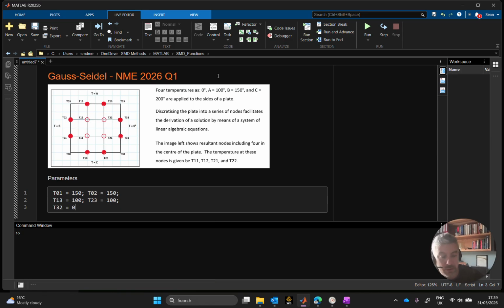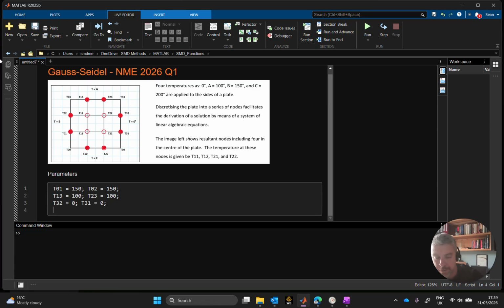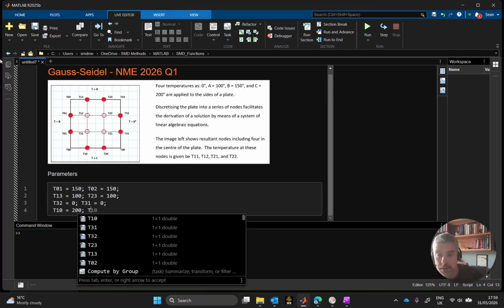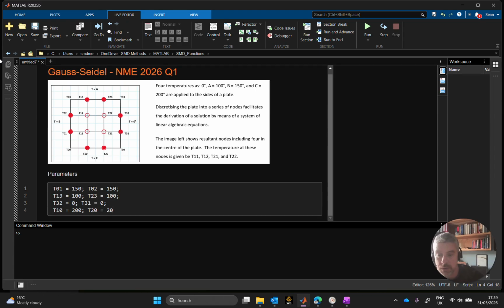T32 equal to 0. T31 equal to 0. And T10 is equal to C, which is 200. And T20 is equal to 200. Grand job.